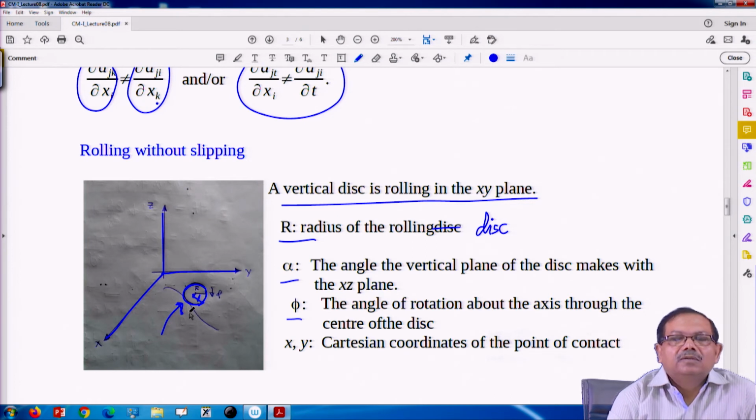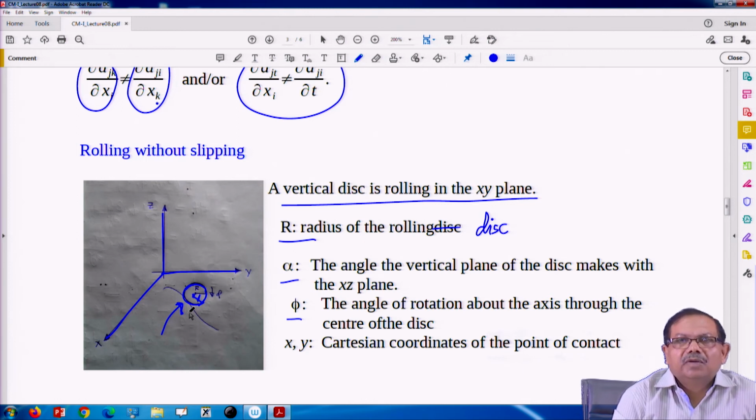First, the coordinate of the point of contact or the center of mass, either of these things. So, we have freedom to choose either the coordinate of the center of mass or the point of contact with the ground, and then how much angle at a given moment it has made with a reference line on the disc, and what is the angle it is making with the xz plane.